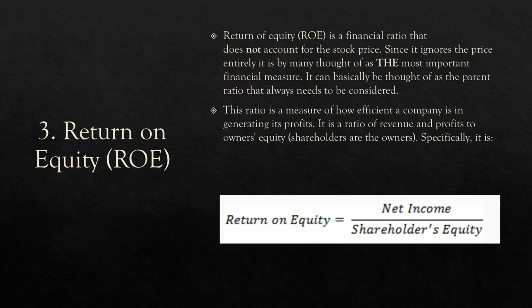This ratio is a measure of how efficient a company is in generating profits. This is a ratio of revenue and profits to owner's equity. And remember, owner's equity is shareholders'. So it's basically return on equity, which is the net income divided by the shareholders' equity.